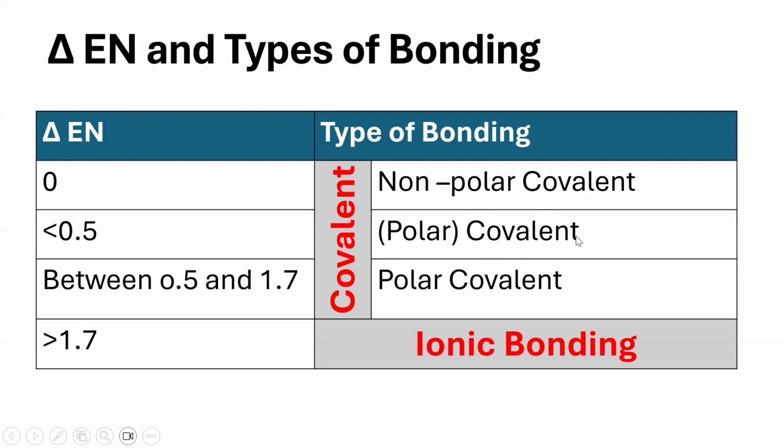So it's not truly polar, but it has slight polarity. More than 0.5 to 1.7, it's a true polar covalent bond. And as mentioned, more than 1.7 is an ionic bond.